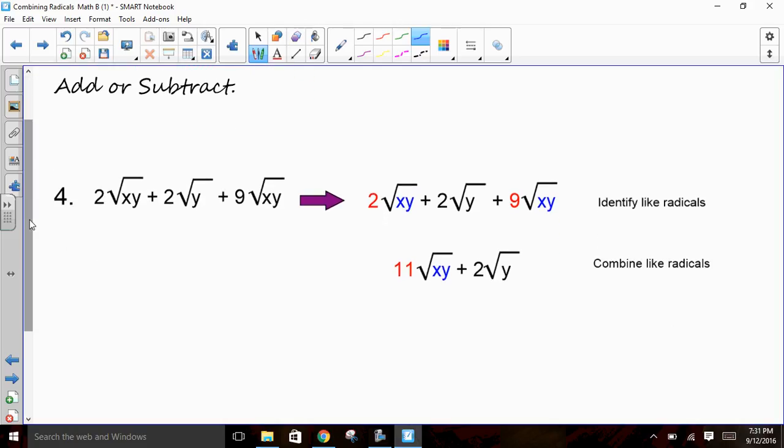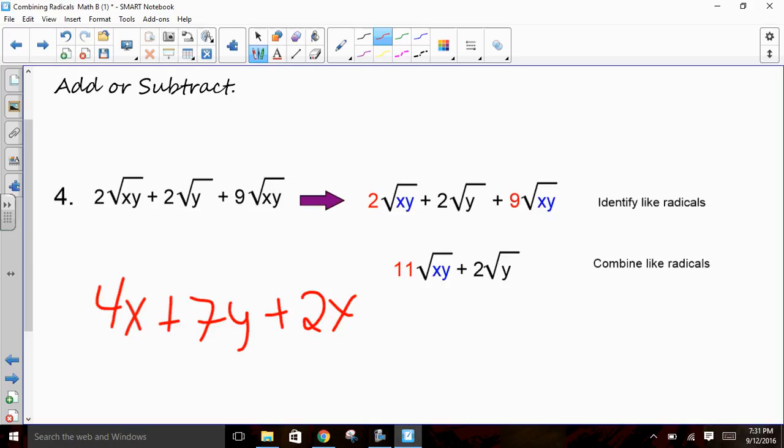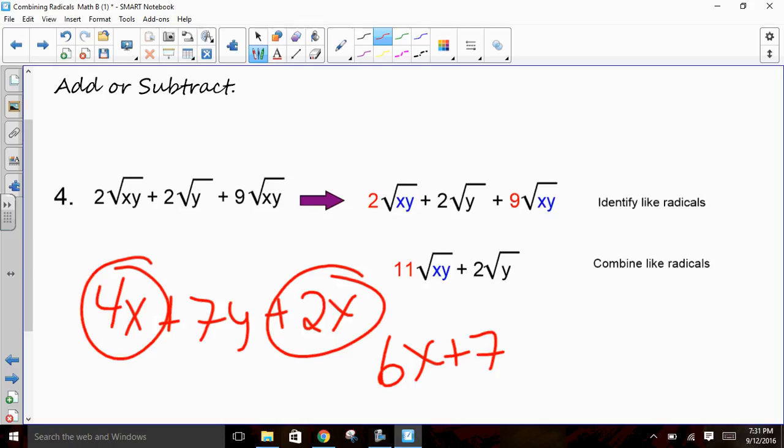Sometimes we're given stuff that doesn't matter. So say we're given 4x plus 7y plus 2x. I go ahead and still combine the stuff that's the same and bring along whatever's left.